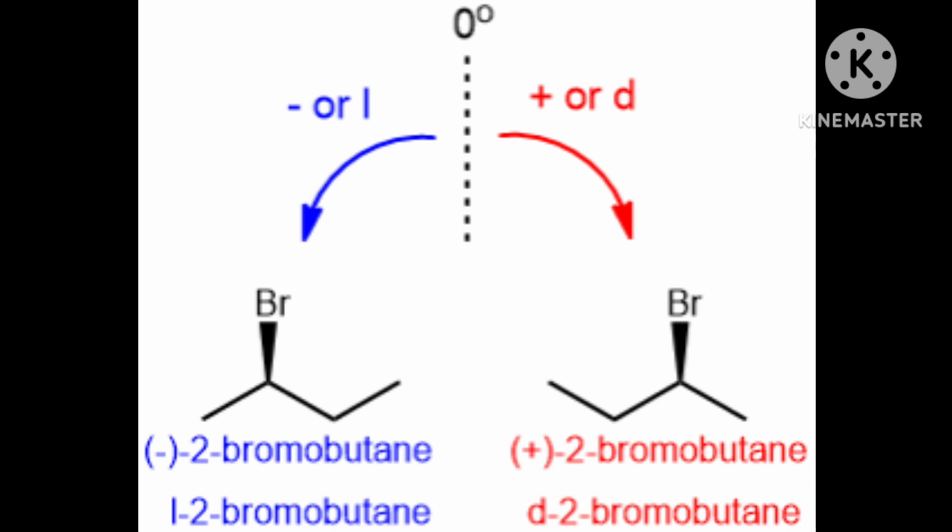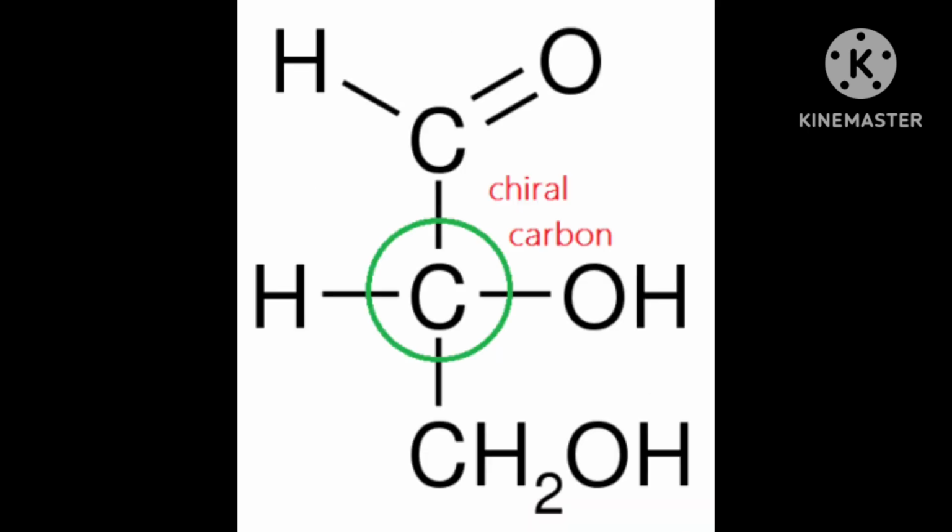Propanoic, total 3 carbons should be there. Then one is COOH because it is an acid, other is bromine. Now 2 groups are over. Third one is H, fourth one is CH3. Now all groups are different: one methyl group, one bromide, third one is COOH, fourth one is H. Then these are examples of chiral molecules.